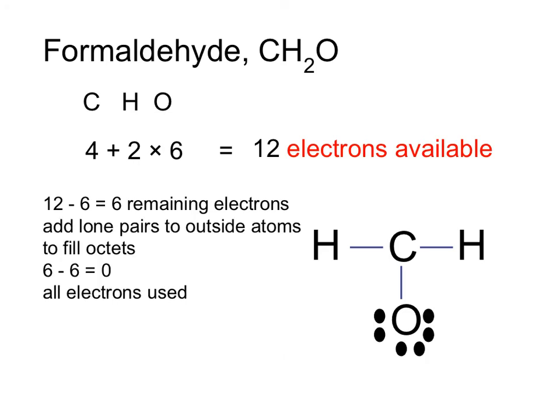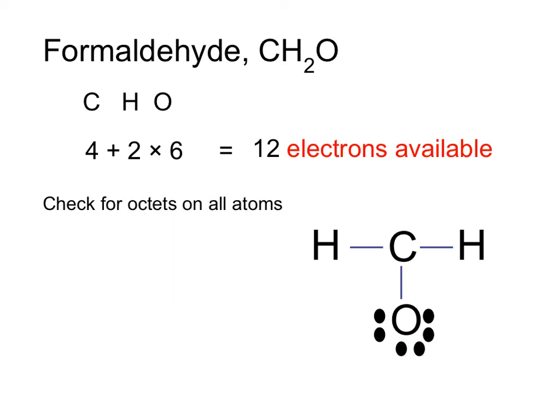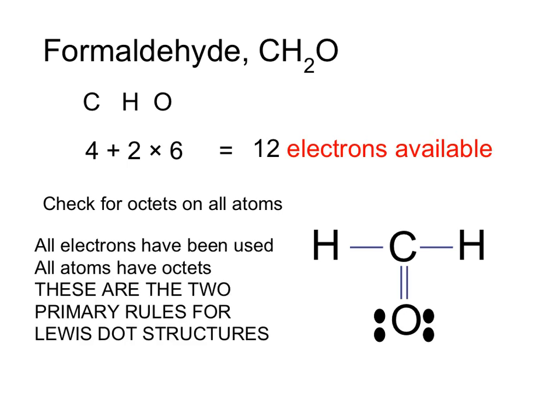And now we've used all electrons. 2, 4, 6, 8, 10, 12. Hydrogen has an octet with its 2 electrons. Oxygen has an octet, 2, 4, 6, 8. Carbon, however, only has 6. And so we're going to take 2 of the electrons that are currently on oxygen, and we're going to place those into a bond instead.